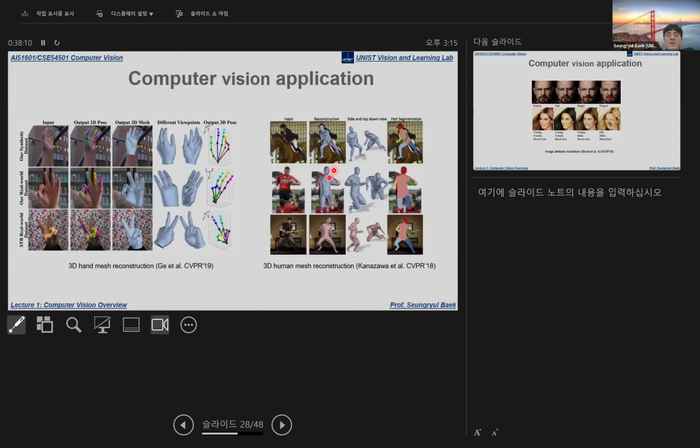The task here is, given this RGB image, to train the deep learning architecture to regress the XYZ coordinates of that many vertices. By doing that, you can reconstruct this type of mesh. This is another important application in computer vision nowadays.